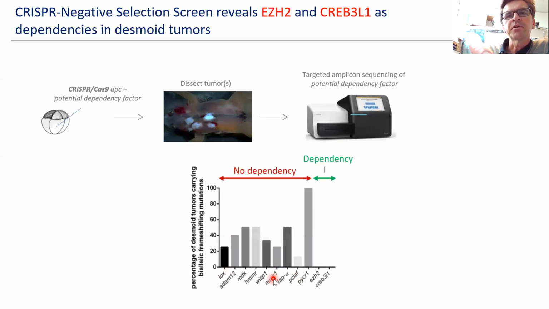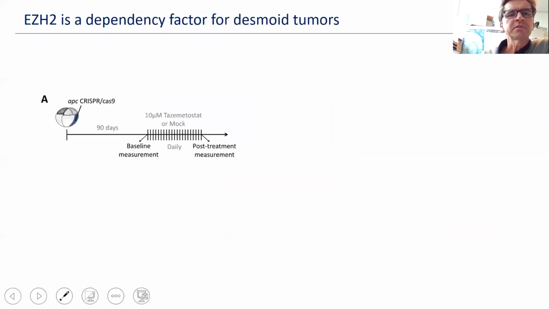Now, let's go further on EZH2. EZH2 is a component of the polycomb repressive complex 2. It's an epigenetic regulator, and what is interesting is that there is already an FDA-approved compound available, tazemetostat. It's used for treatment of rare aggressive cancers.